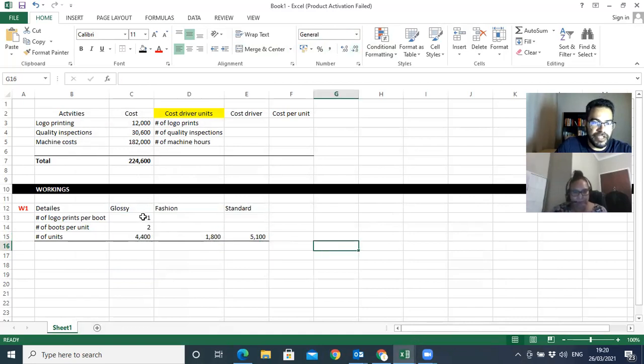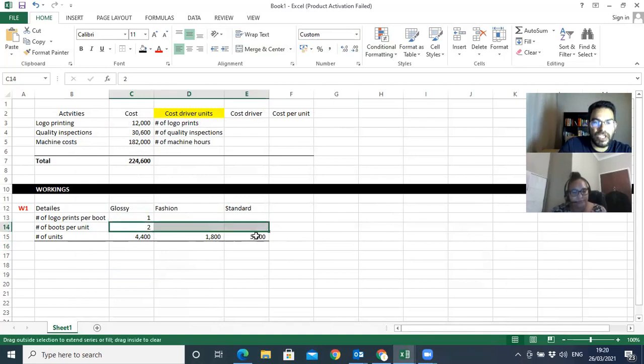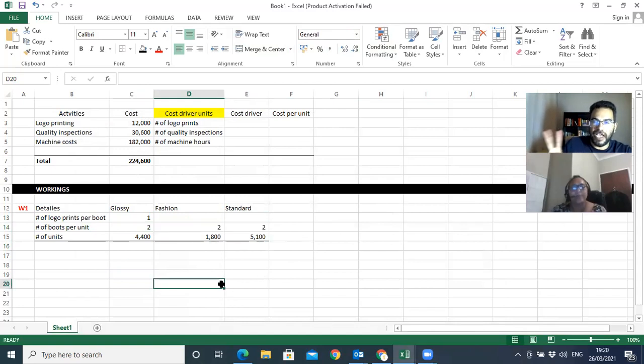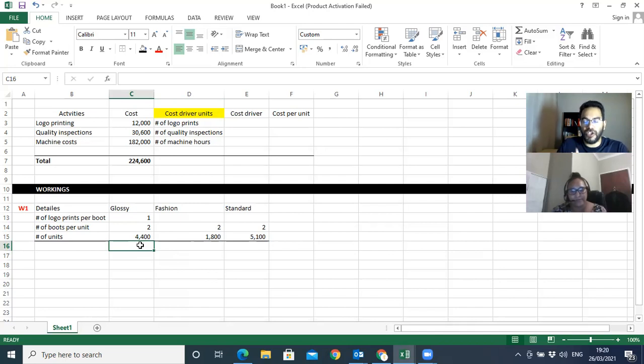If you have a look at this one, we're saying there's 1 logo print per boot, but each unit has 2 boots. So this here I can also drag across, because each unit has 2 boots. So that is going to remain the same. I want to get to a total number, that's why I multiplied now by the number of units.